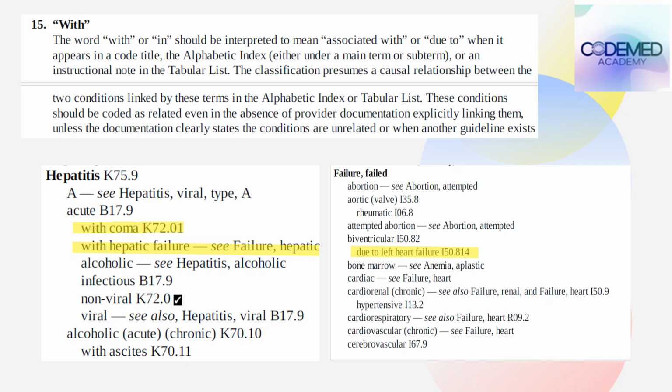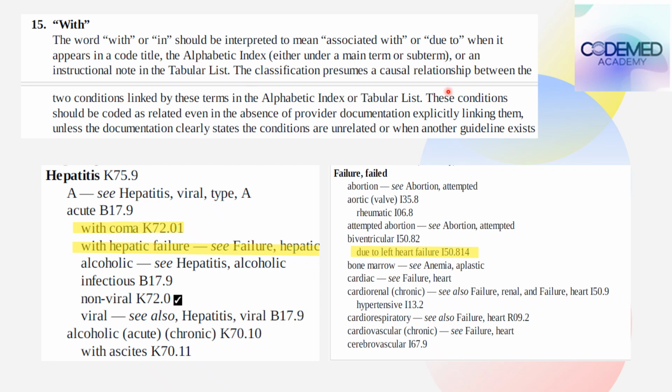Now the next is with. The word with or in should be interpreted associated with or due to. In the alphabetical index, you will see that under the main term or subterm, there will be the word with or due to. And there will be instructional note in the tabular list also.